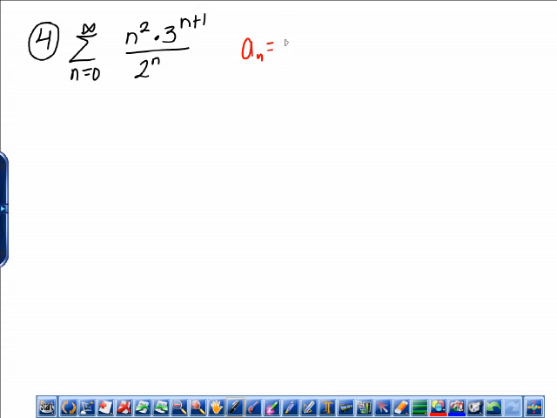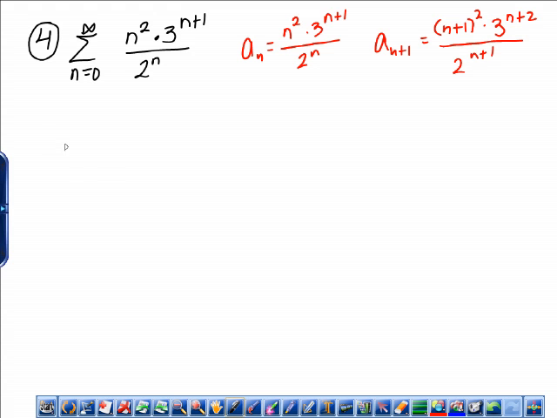First I'm going to write down what the nth term is. That is n squared times 3 to the n plus 1 power over 2 to the power of n. And the n plus 1 term would be n plus 1 squared times 3 to the n plus 2, because if I'm putting in n plus 1 for n, that's going to become n plus 2, all over 2 to the power of n plus 1.